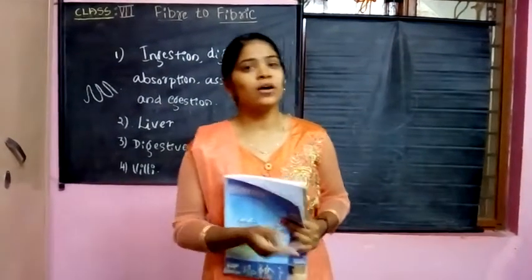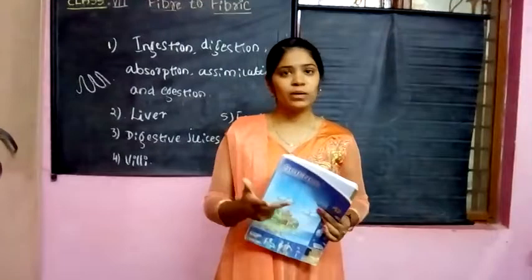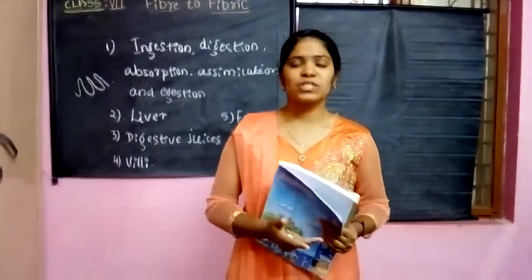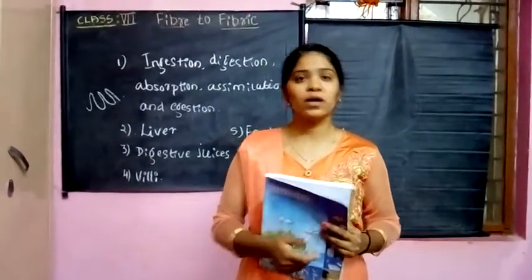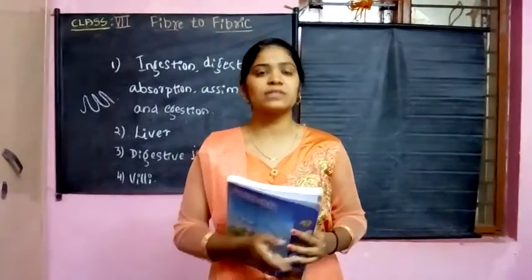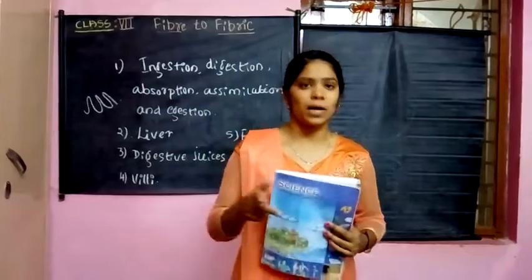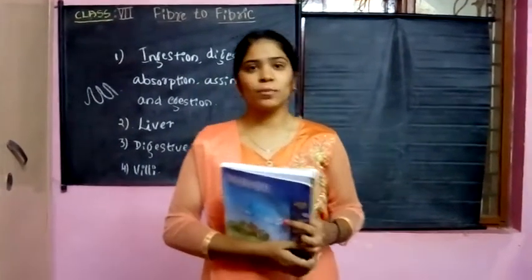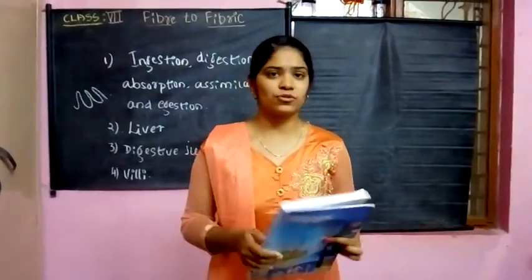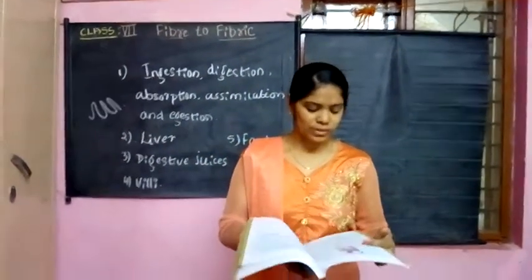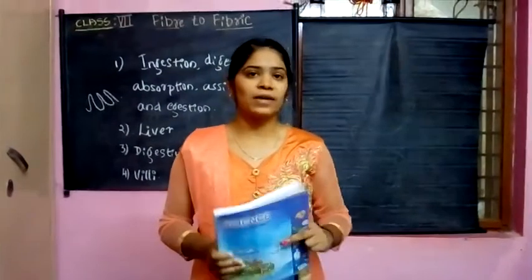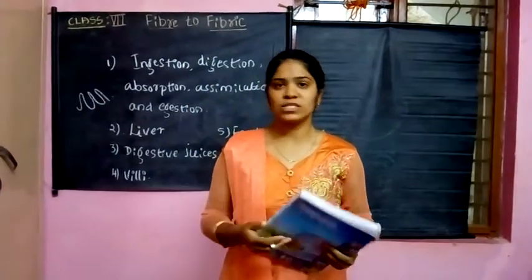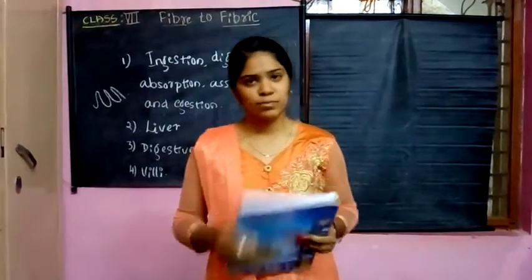That cellulose is not digested by human beings, because the bacteria or enzymes required for the digestion of leafy vegetables or grass material are absent in human beings. Hence we cannot digest those raw materials. So the answer for this question is no, human beings cannot survive by taking only raw or leafy vegetables. These are the exercise part questions.